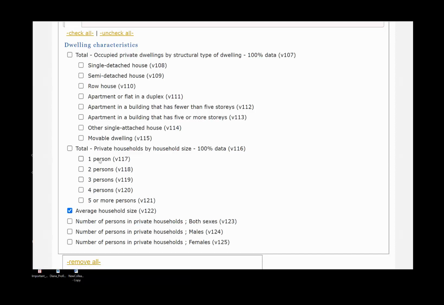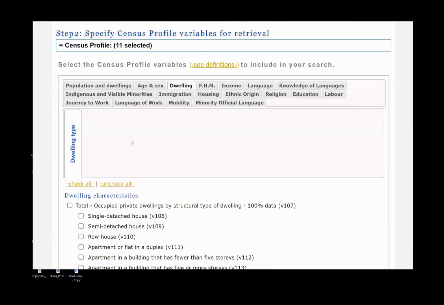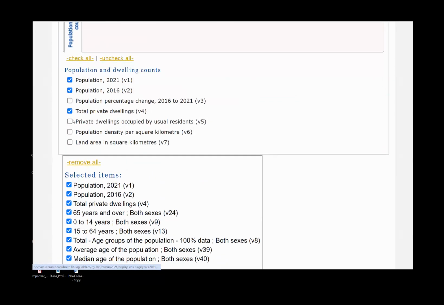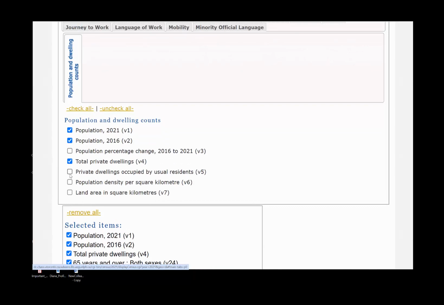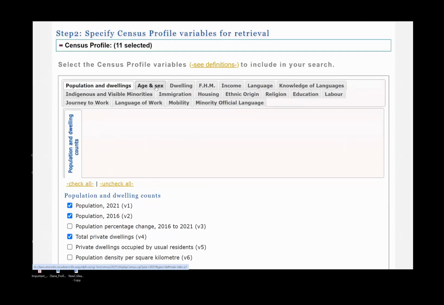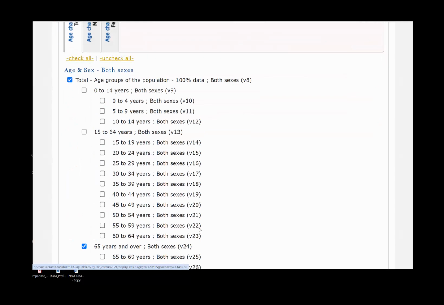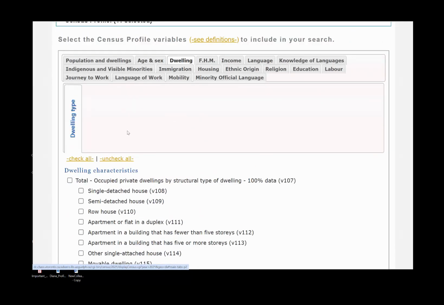Remember, if you sum the number of households with 1 person, 2 persons, 3 persons, 4 persons, and 5 or more persons, these 5 subcategories, you are getting back the total number of private households, which is exactly the same as the total number of private dwellings occupied by usual residents. So there are certain variables in one tab that are the sum of other subcategories in other tabs.